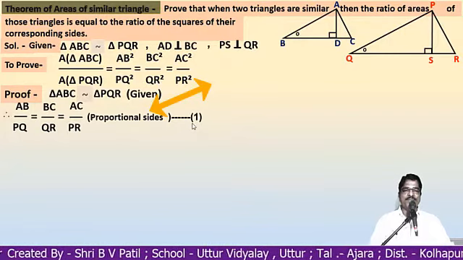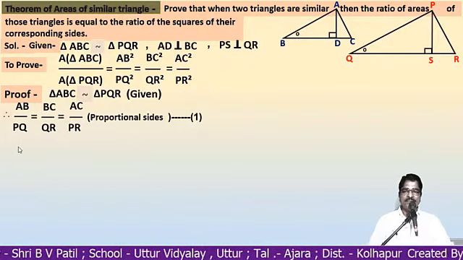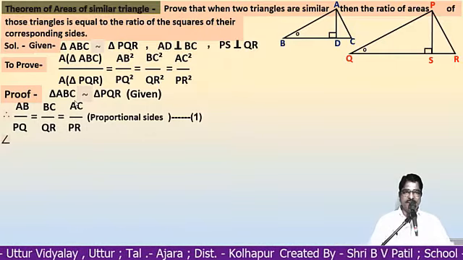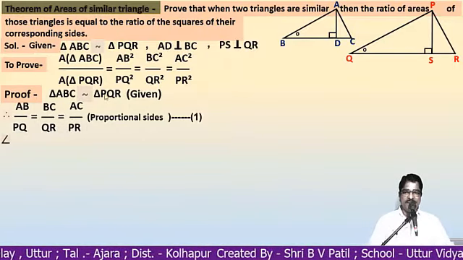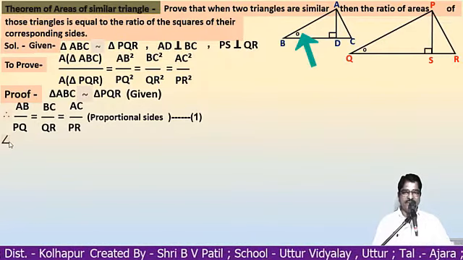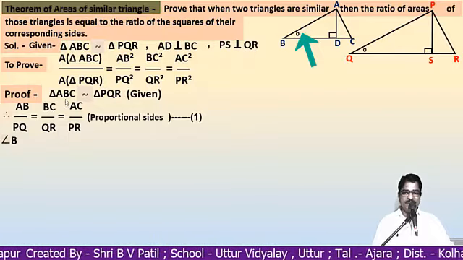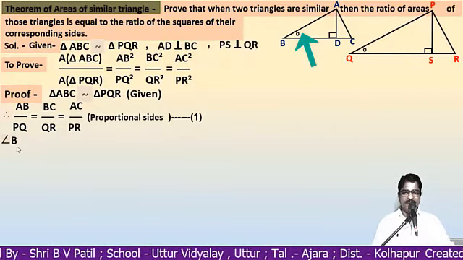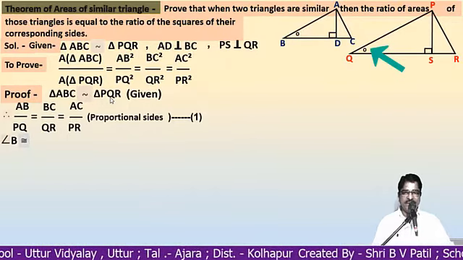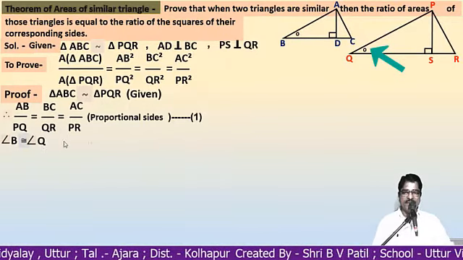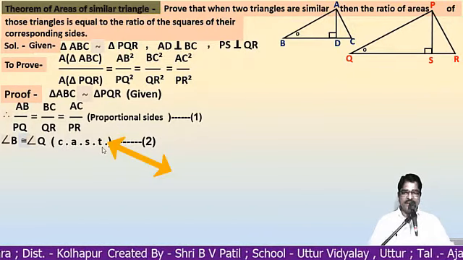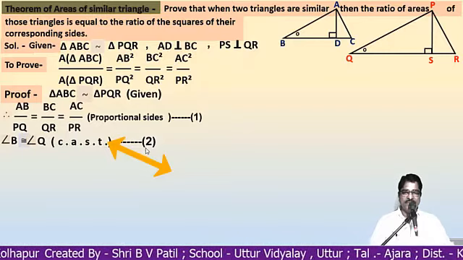That is equation 1. And tell about angle. If two triangles are similar, then corresponding angles are congruent, means second point B we take here, that is angle B, congruent, here second point is Q, that is angle Q, and the reason is corresponding angles of similar triangles. That is equation 2.